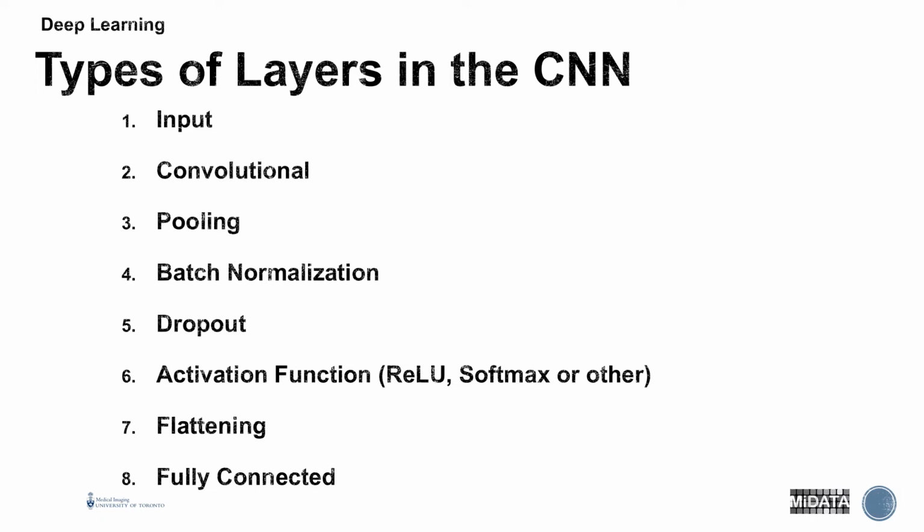Here are probably the top 8 most common layers that you're going to see in the convolutional neural network. The order of these layers depends on how you build your architecture. Of course, you'll always start with an input and you'll end up with a fully connected layer, but what goes in between can vary a little bit depending on the flavor of the CNN. We're going to talk about these different types of layers in the next slides.